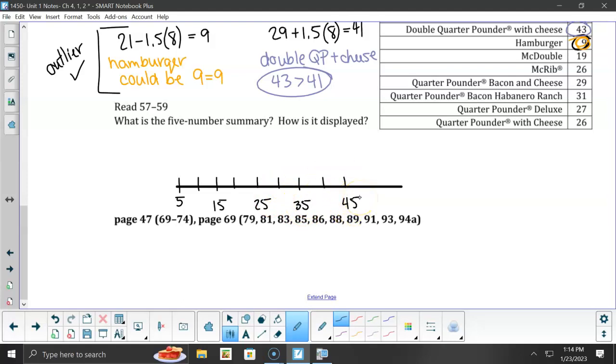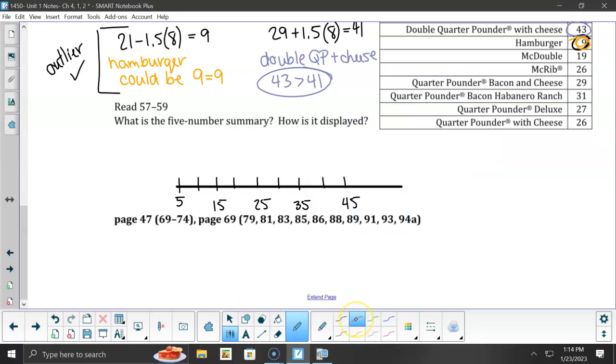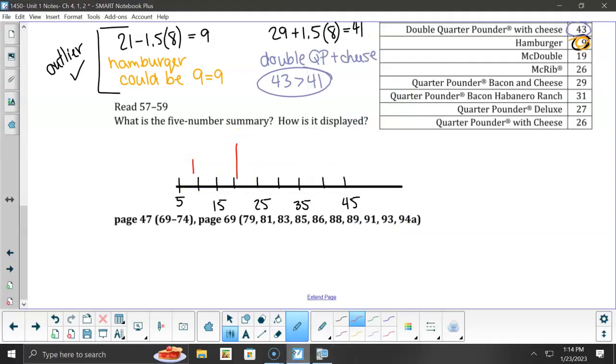All right, if we went through and we actually made this as a box and whisker plot and we're trying to show that 43 is an outlier, all right, I have my data set, 9, 21, 26, 29, 43. So little line at 9. Next one is at 21, big line. 26, big line. 29, big line. And then 43 is way over here, and that's an outlier.